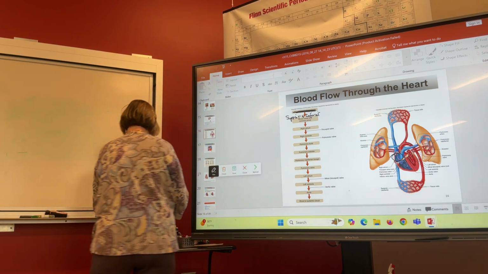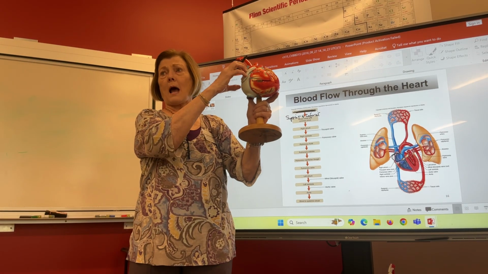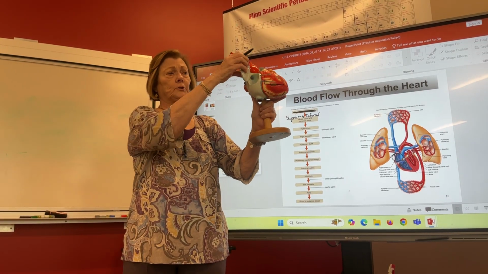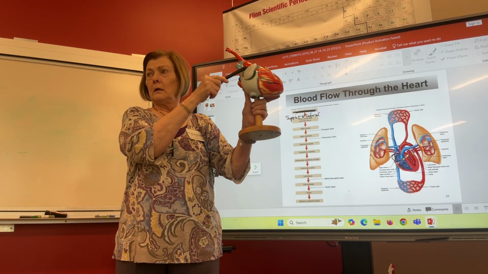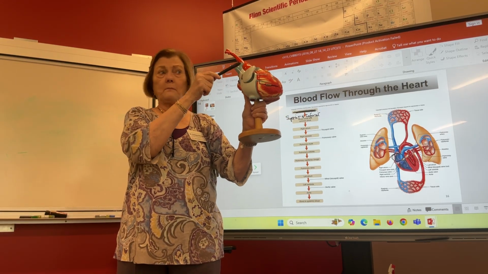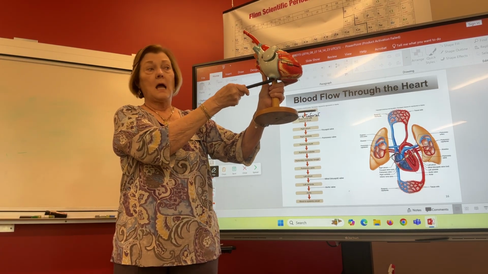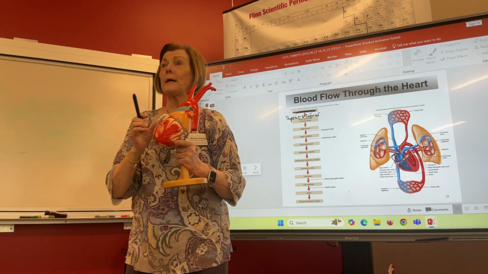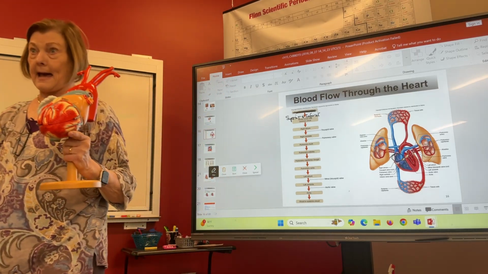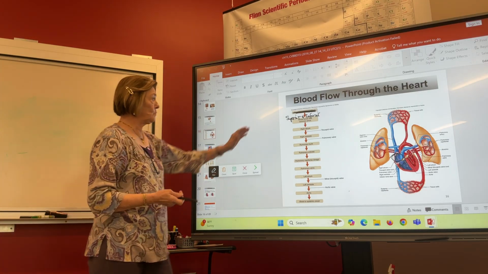On our heart models, this would be the right atrium. Unoxygenated blood comes into the right atrium from the superior vena cava and the inferior vena cava. And then the blood supply from your heart comes from the coronary sinus, and we'll learn all of that.